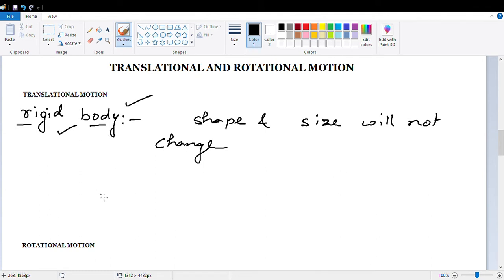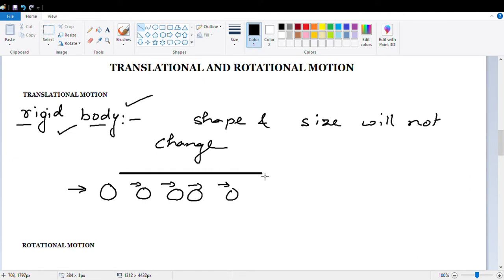Suppose there is a metallic ball. You have applied a force, so the ball will start to move in the direction of the force. If the motion of this metallic ball is in a straight line, remember, then this kind of motion is called translational motion.